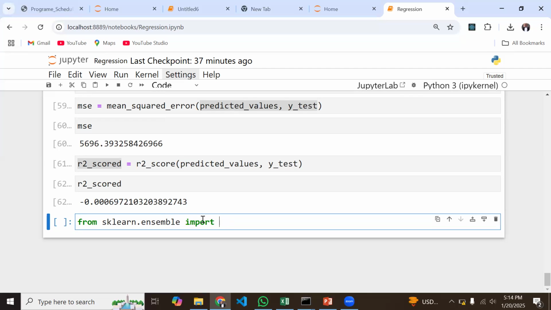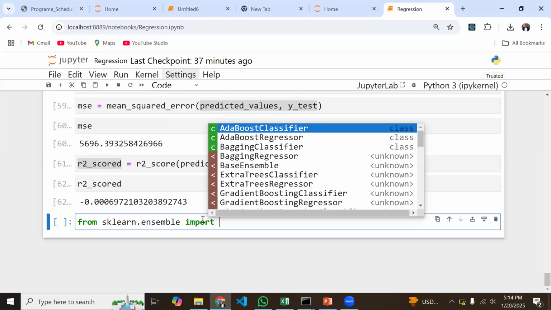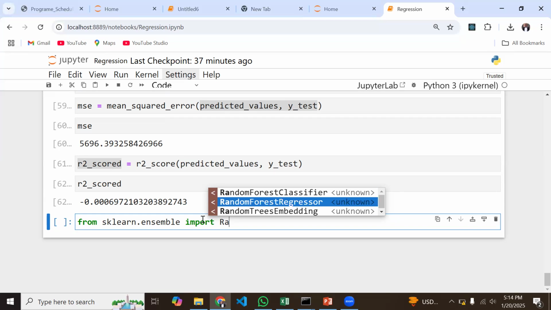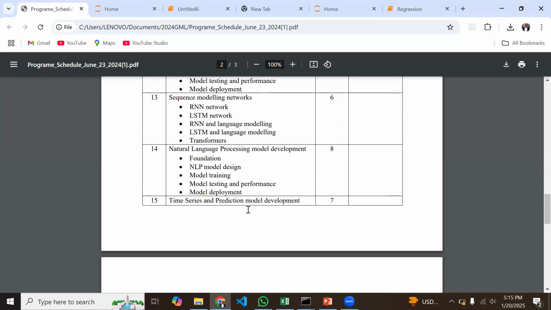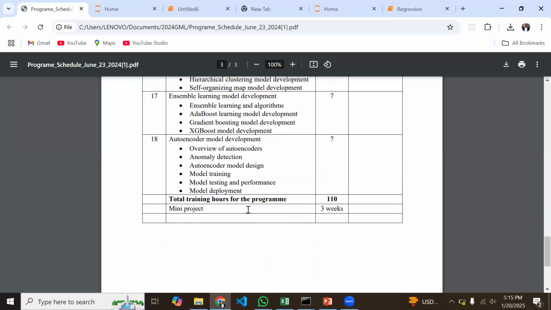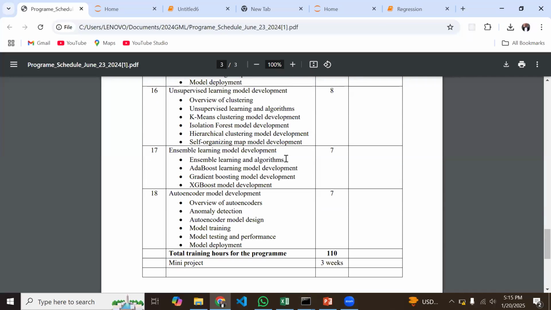We want to import the random forest. Let's get some help over here. So once again, we have the random forest classifier, which we've seen earlier on, and then we have the random forest regressor, which we are going to see. And then you see that we have the random trees embedding. I think later on we are going to come back to this if there is time. You can see that we have ensemble learning algorithms over here.